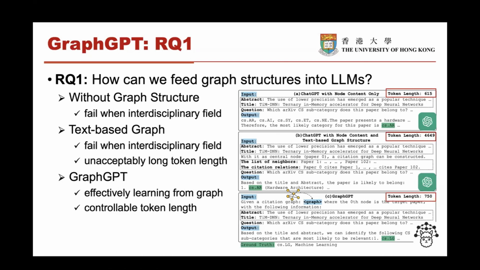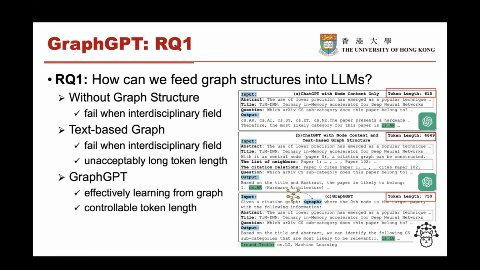But we found that this approach fails even with ChatGPT, a very powerful LLM, when the paper is in an interdisciplinary field, which means its neighbors' information may be very complex and also very valuable. Another method is to feed a text-based graph into the LLM.